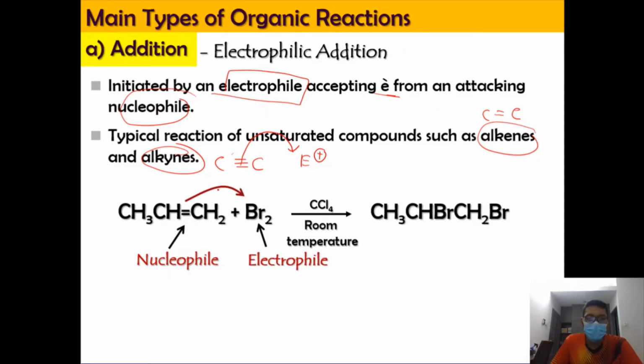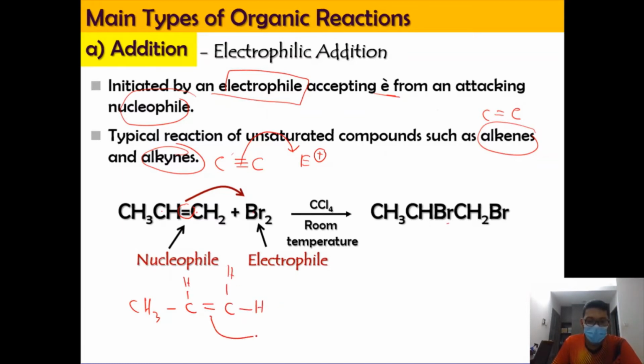So the nucleophile will attack the Br, and as mentioned, the double bond here is going to be a single bond, where we add the Br atom to the carbon here and the Br atom to the carbon here. So it's going to be CH3, CHBr, and CH2Br.